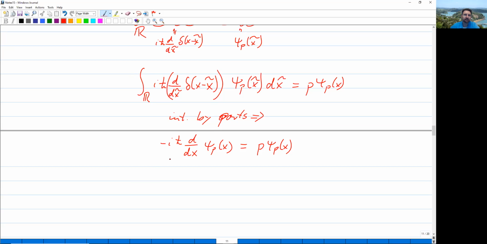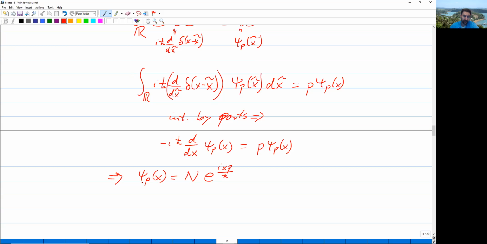Indeed, it's easy. It just says that if you differentiate the wave function psi p of x, then you get, up to a factor of p over minus i h bar, the wave function again. So therefore, it clearly has to be an exponential function here. So from that, we can conclude that psi p of x has to be, up to a normalization constant, e to the power of i x p over h bar.